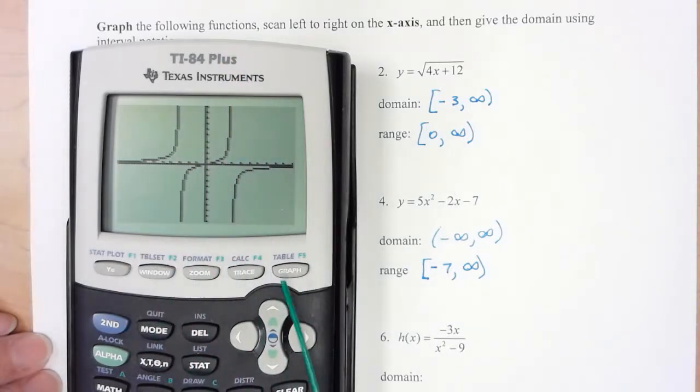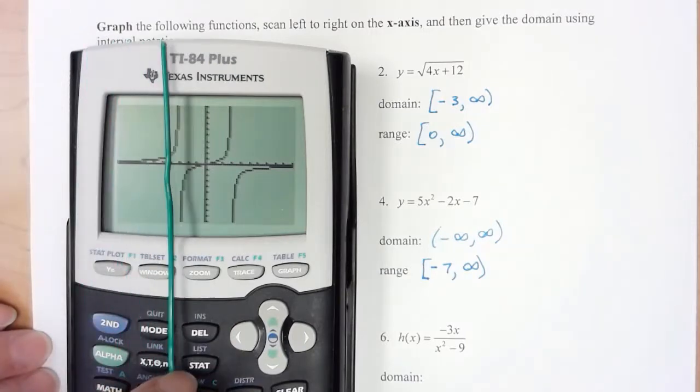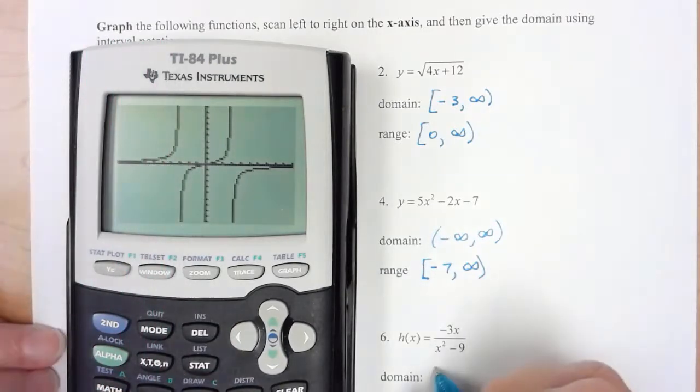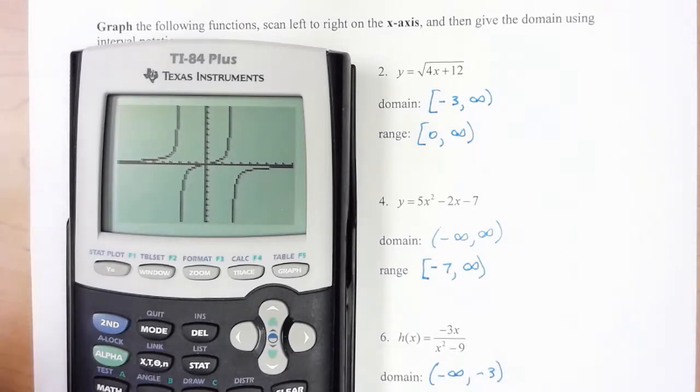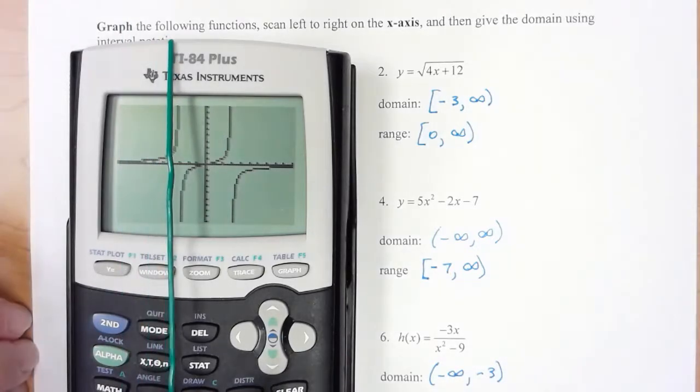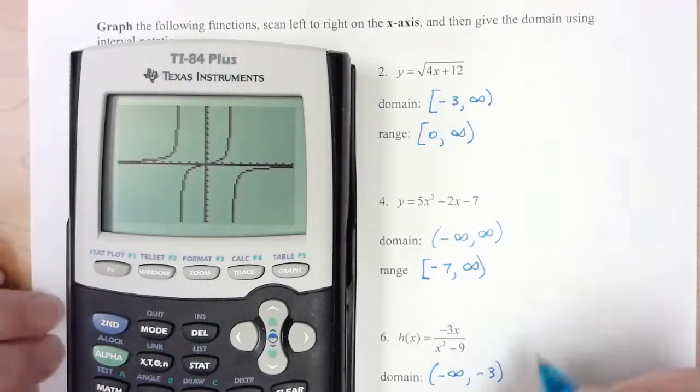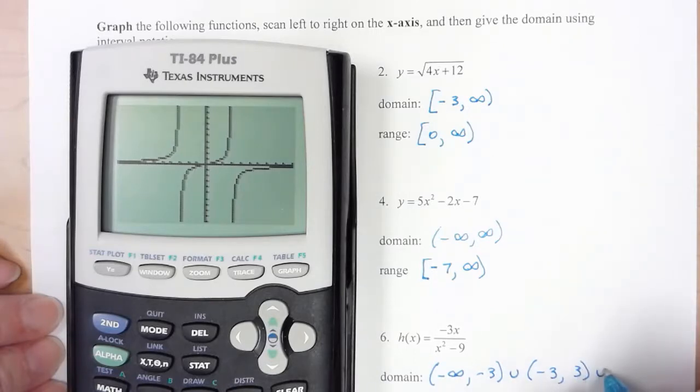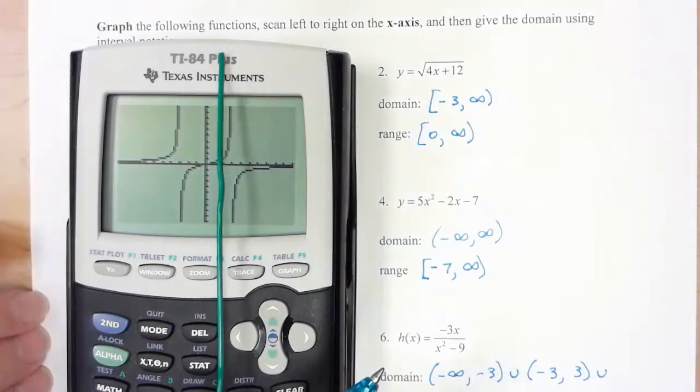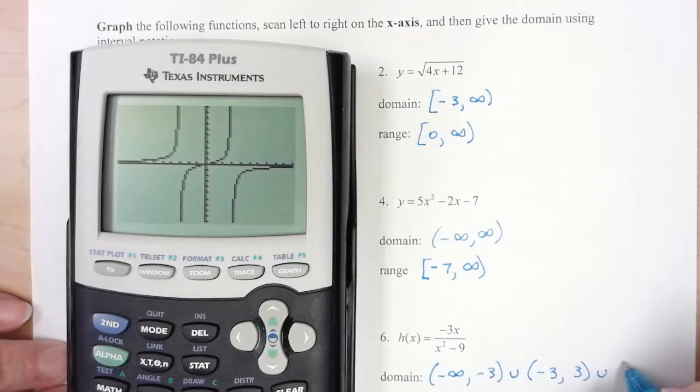And if you go to your second graph or table, you'll have error messages there. So if I scan, I've got negative infinity to negative 3. Negative 3 to 3. And then finally 3 to positive infinity.